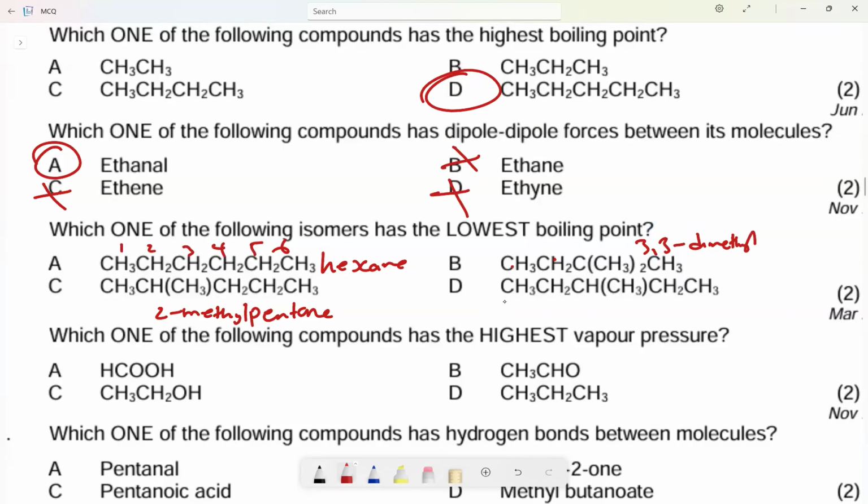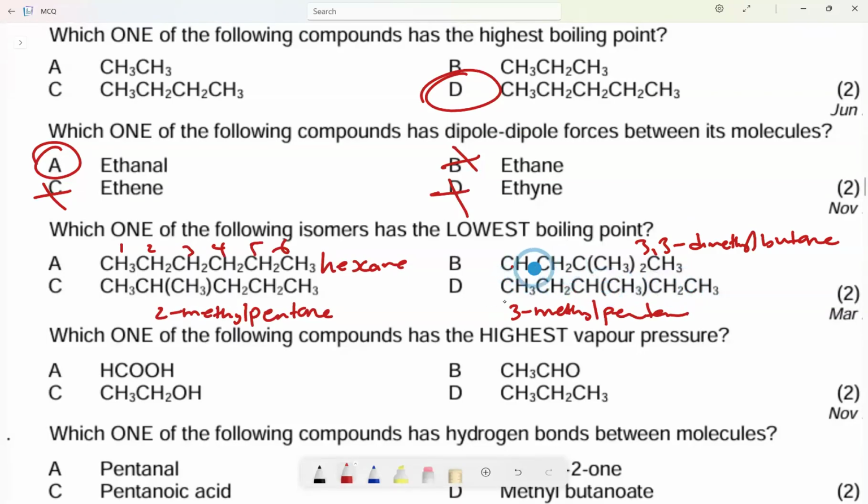Longest chain 1, 2, 3, 4, it is butane. Then this one, it is 1, 2, 3. So I have 3-methyl. Longest chain, 1, 2, 3, 4, 5, pentane.